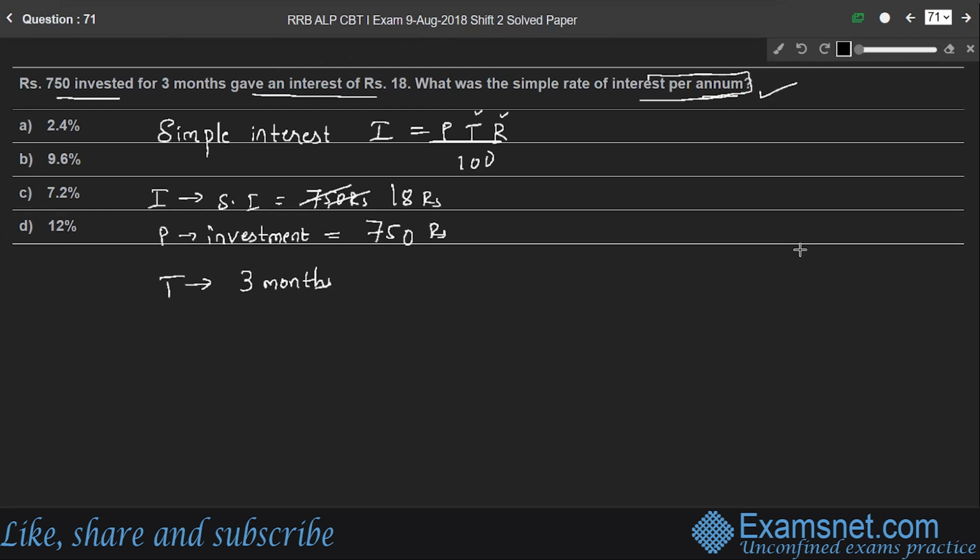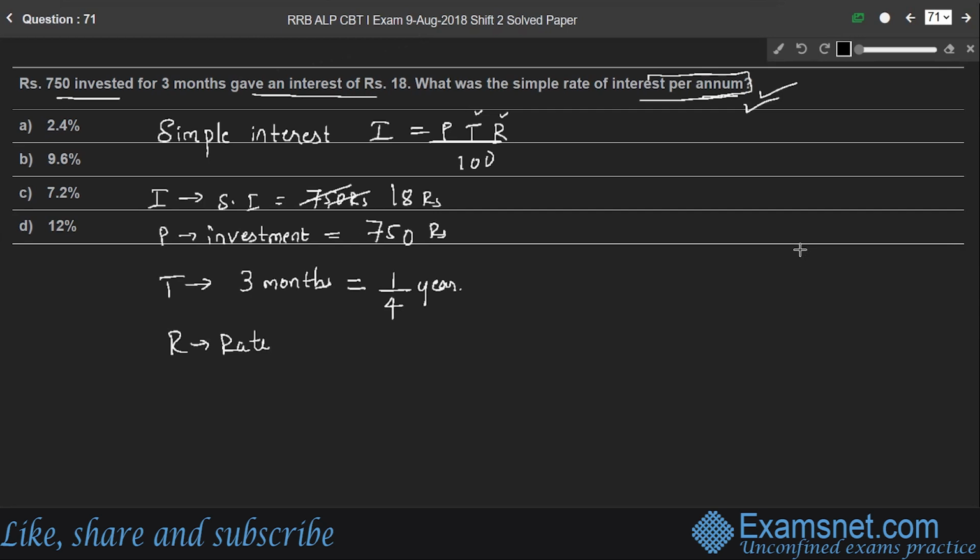The question asks to find the rate of interest per annum. Let us express the period in terms of years. 3 months is nothing but 1/4 of a year, or 0.25 years. So we need to find R, the rate of interest.